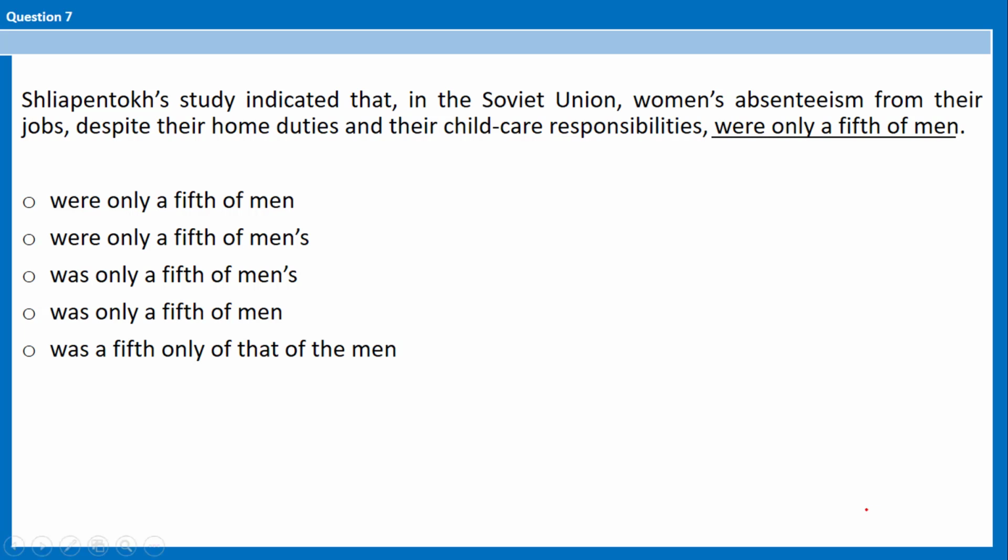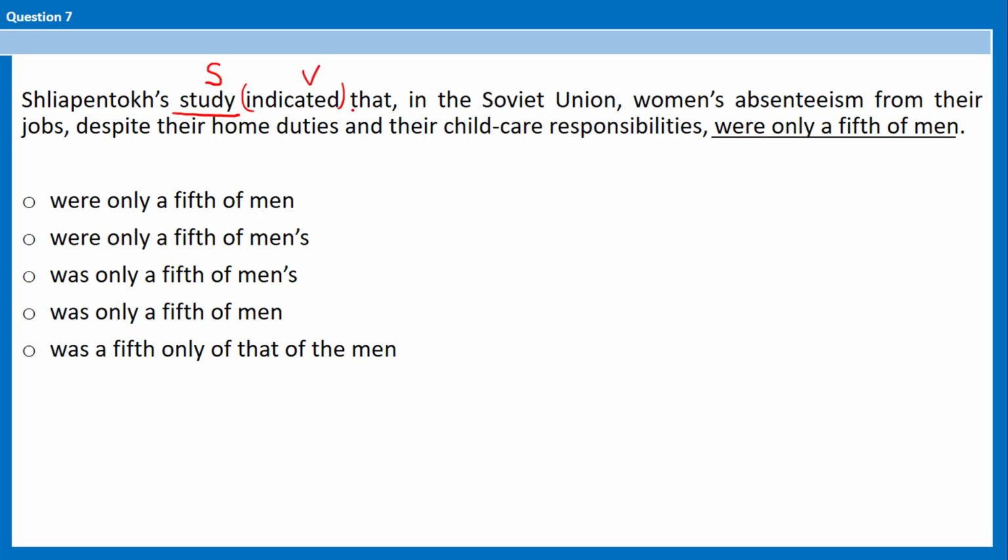Question number 7. Again, focus on the main subject and verb, modifiers, and be careful with subordinated subjects and verbs. In this question, the subject is Schlippentag study. So the study indicated, that's the main verb.